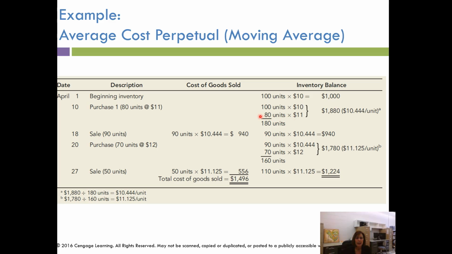So we've got a total of 180 units that we've paid $1,880 for. And when we divide that out, that comes to $10.444 per unit, but we'll round at some point.